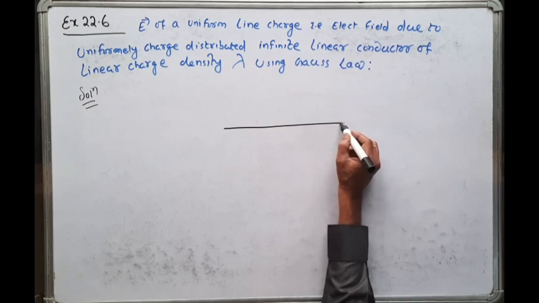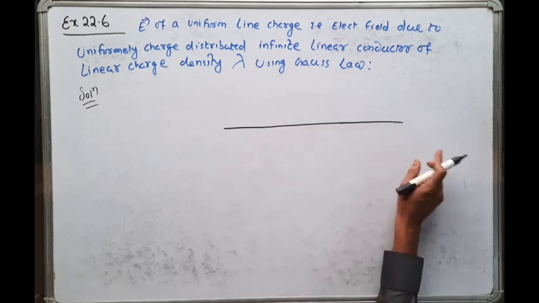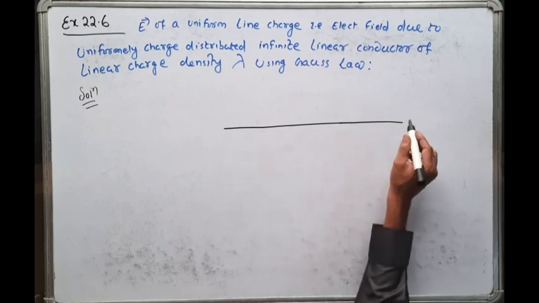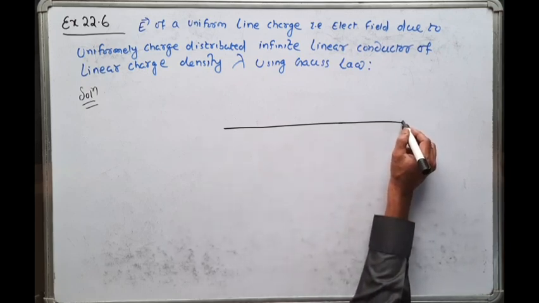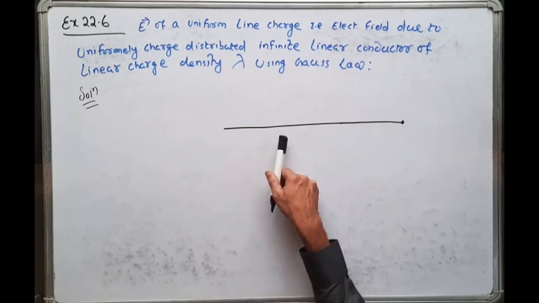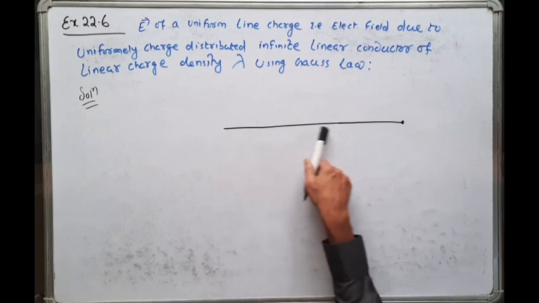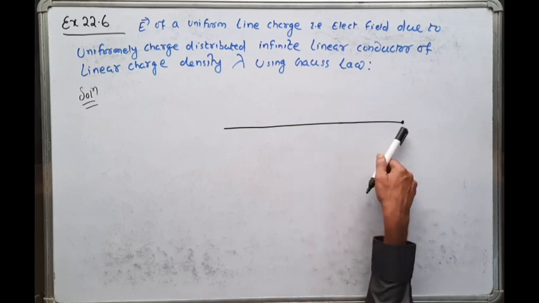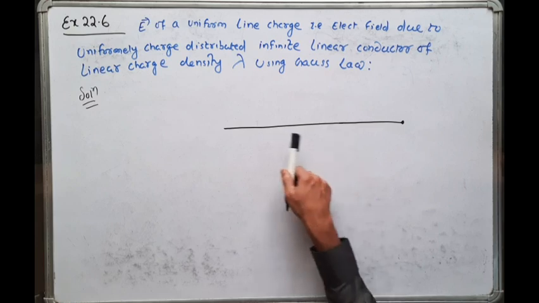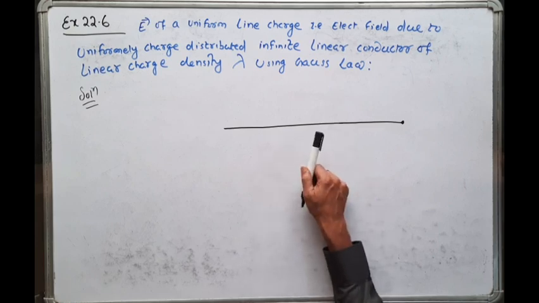That transmission wire is of very long distance, very large length, but the area of cross section is very small. Under that condition, it is called infinite conductor. There is actually no such thing as infinite, everything is finite. But here the length of the conductor is very large compared to the cross sectional area. If so, then it is called an infinite linear conductor.